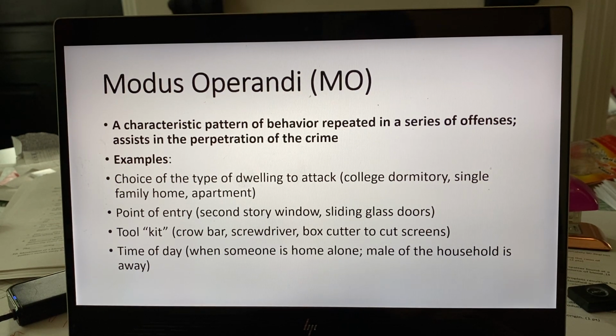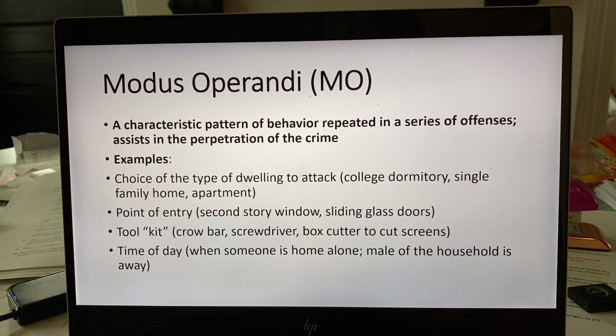And I'm going to bring a toolkit with me. So if I need a box cutter to cut screens, or a pry bar to gain access, and also paying attention to the time of day, okay? I know that the female is going to be home alone with the kids during the day. So that's when I'm going to attack, because that has the greatest chance of me being successful.